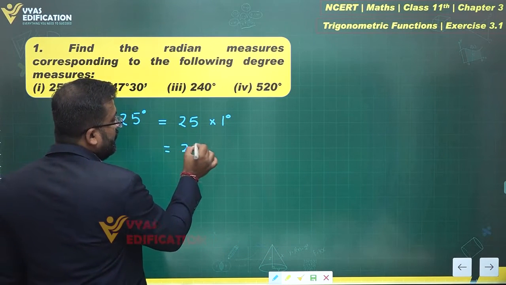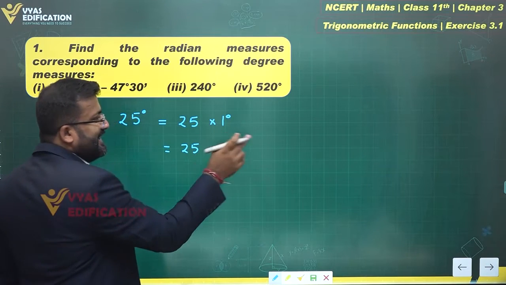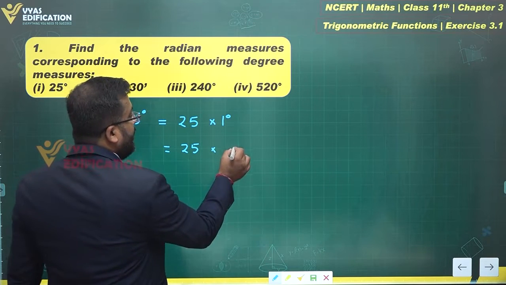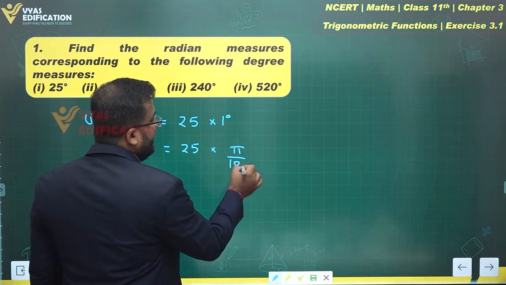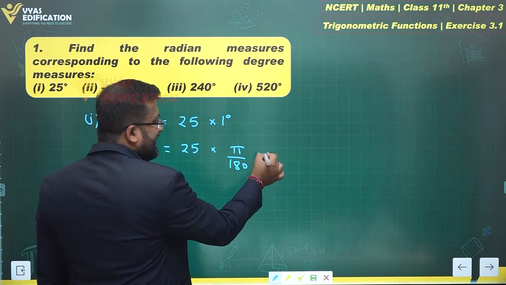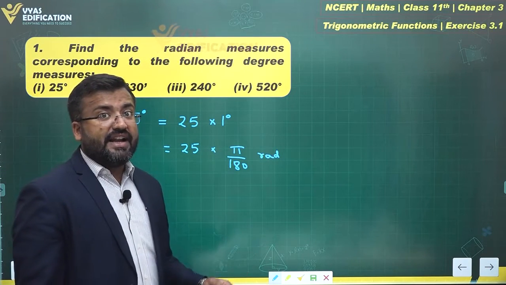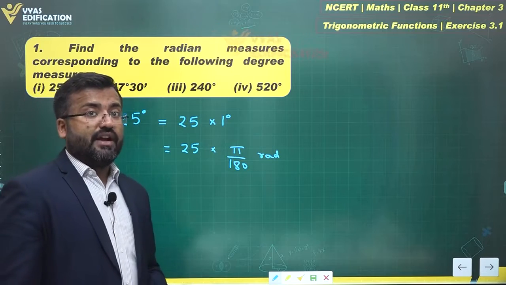And what is this equal to? We found that 1 degree is equal to pi over 180 in terms of radian. So this is 25 times pi upon 180 radians. This is what you get.